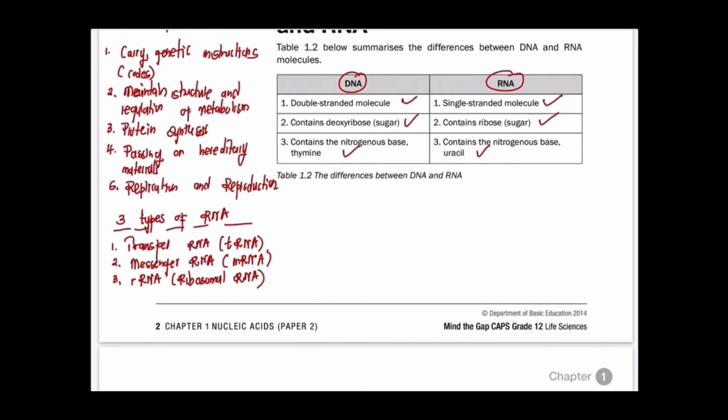So there are 2 functions of RNA. The first function is the fact that RNA is responsible for transcription of genetic DNA code into mRNA.